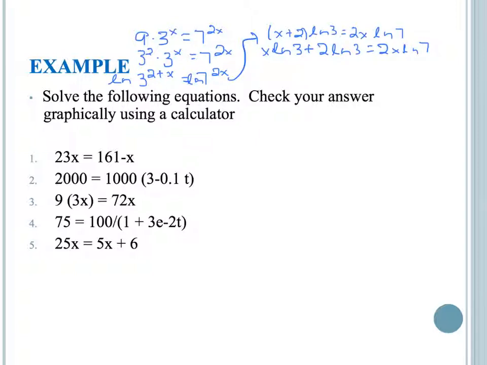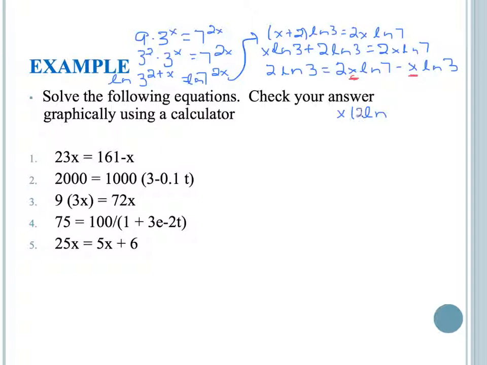So at this point, it's really just an algebra problem trying to get the x's on one side, the numbers on the other side. And although ln of 3 or ln of 7 looks like a variable, it's some big long decimal. So let's see what we can do here. 2 ln 3 equals 2x ln 7 minus x ln 3. So I have an x here, and I have an x there, and we're going to use our fabulous factoring capabilities to factor out an x.